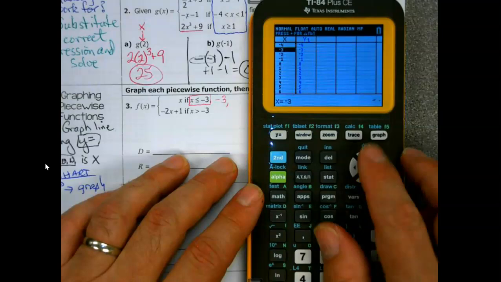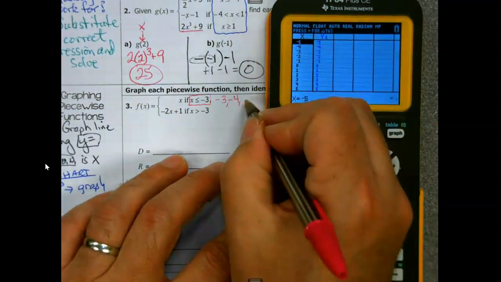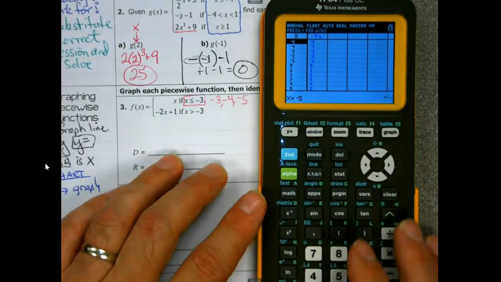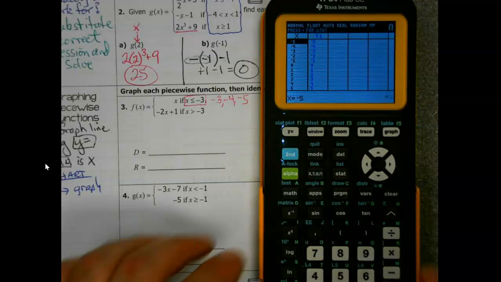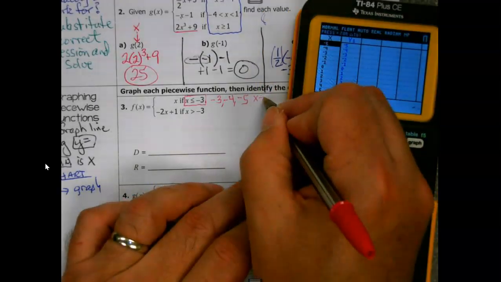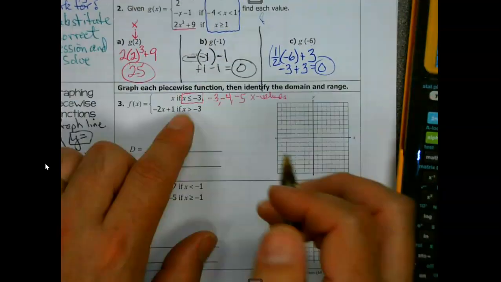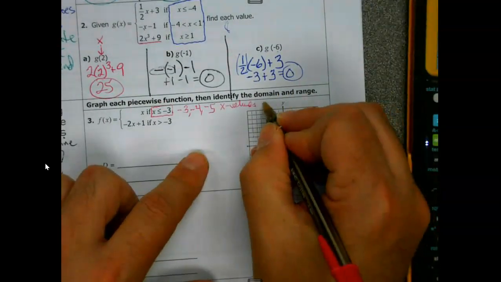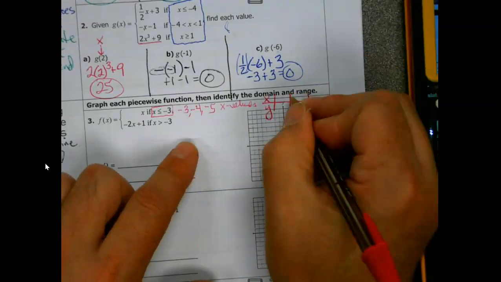So I'm going to use -3. Let me come over here. -4. And -5, because those are less than -3. So those are the x values that I'm going to use for my points. So, in sticking with pink here, I'm going to actually write these out.